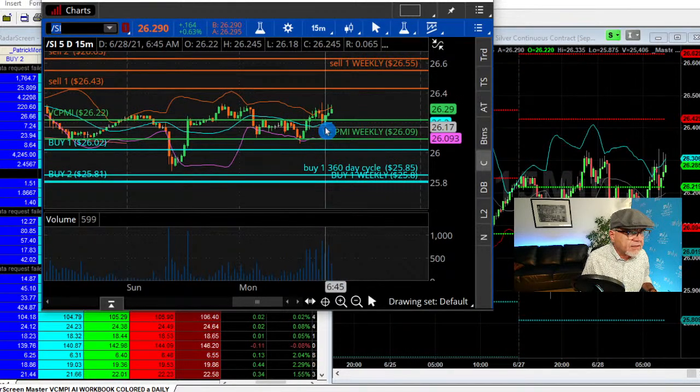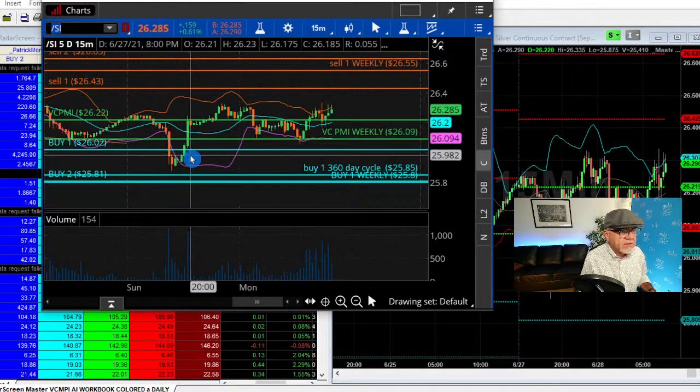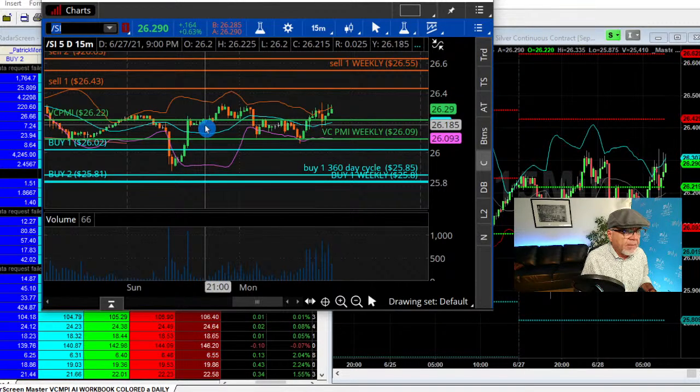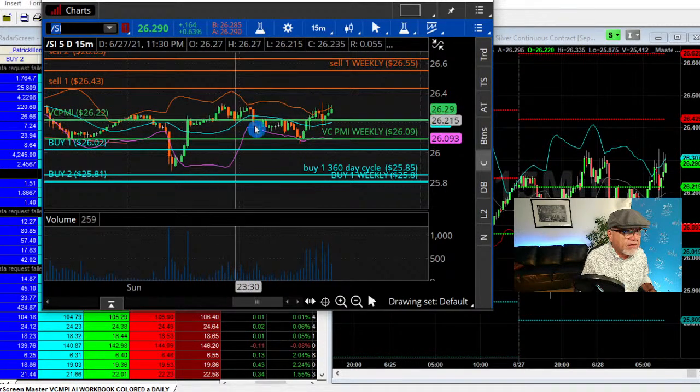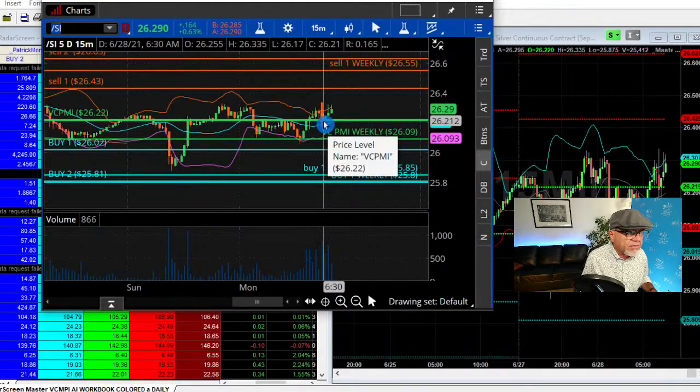Once the signal is activated, the target is clearly the one above, 26.43. You can see the choppiness: the signal from buy one, the target completed, and then it traded and chopped around the average, and it's trading around the average.